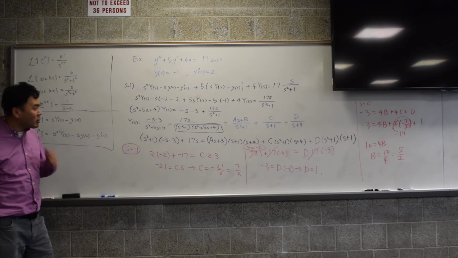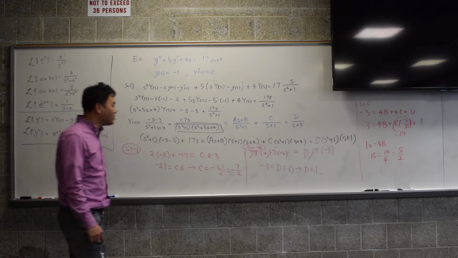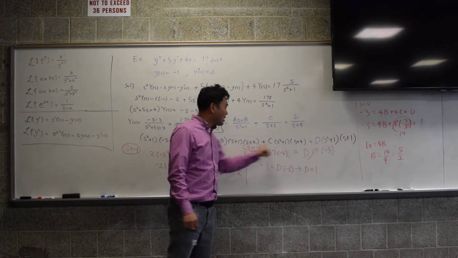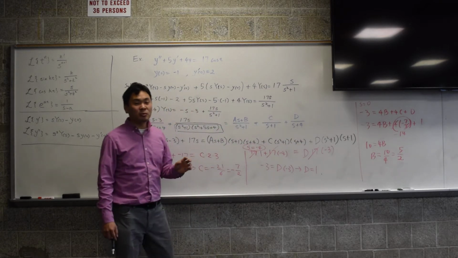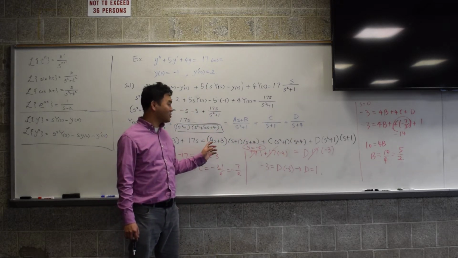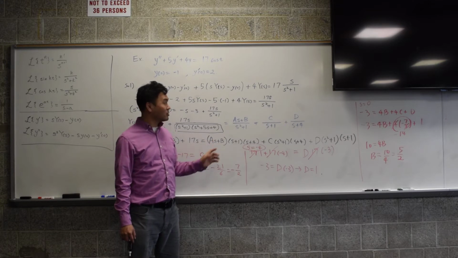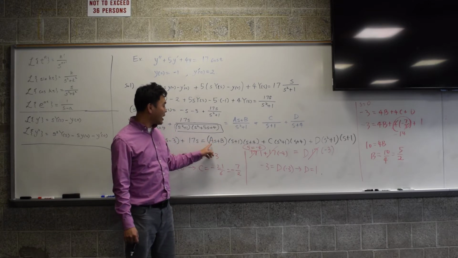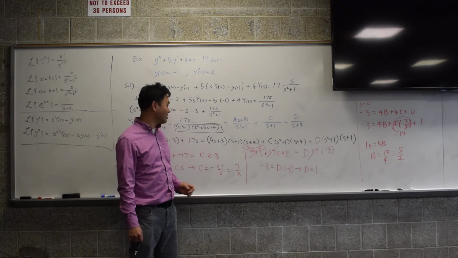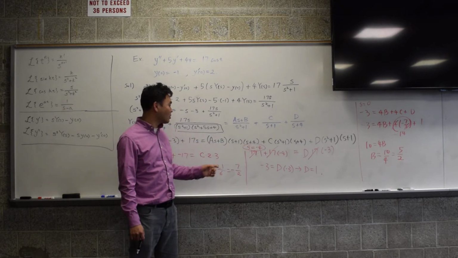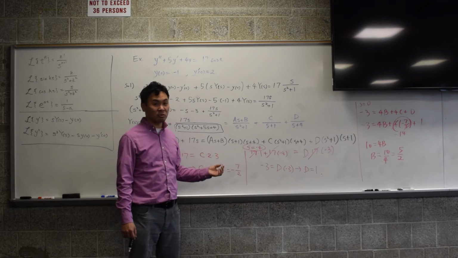So this is what we're going to do. Instead of expanding everything, just imagine what will be giving us the highest order term. So what's the highest order term if you expanded this in terms of s? Yeah, so s to what power would be the highest order?